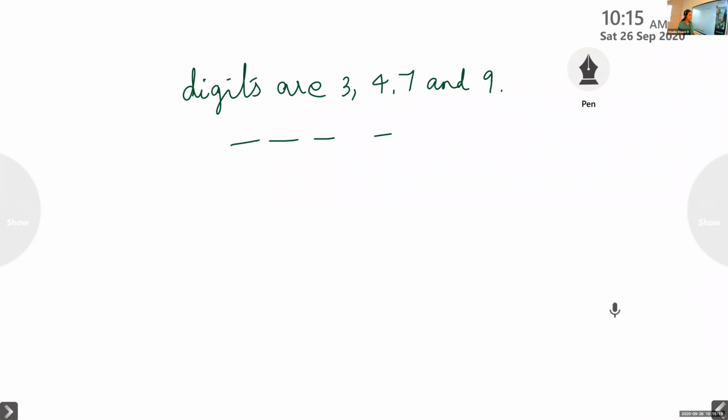How did we do this one? For ones place, tens place, hundreds place, and thousands place. He remembers 4 digits and we want to find the possible numbers. What are the total ways? Can you recall this one?